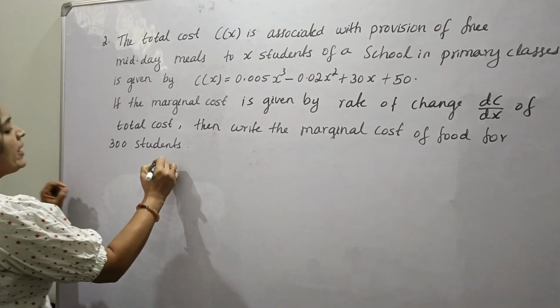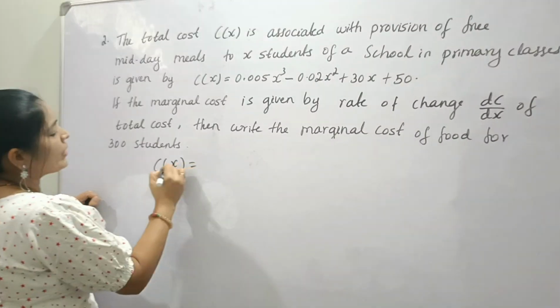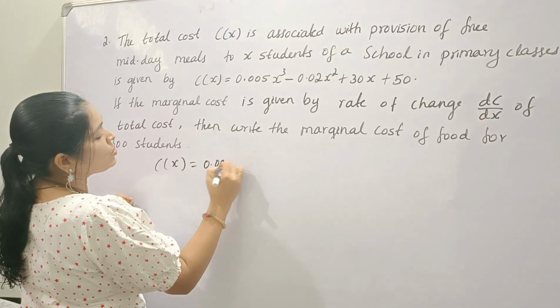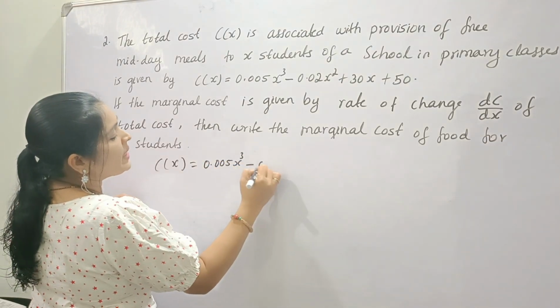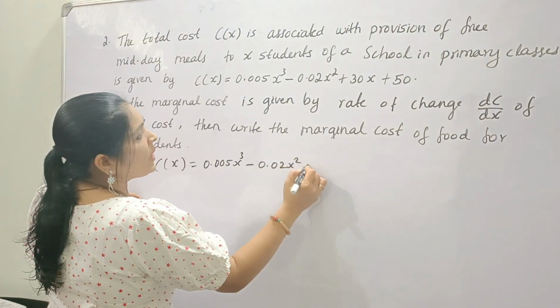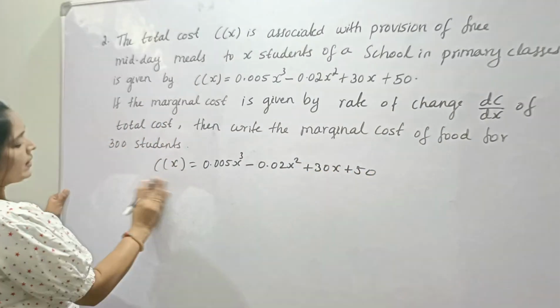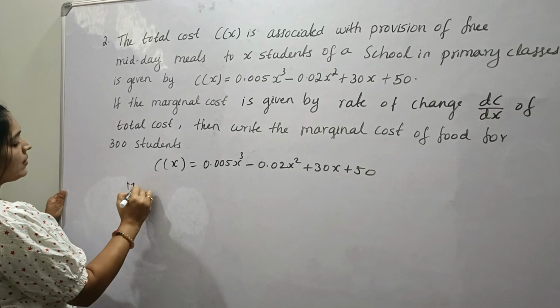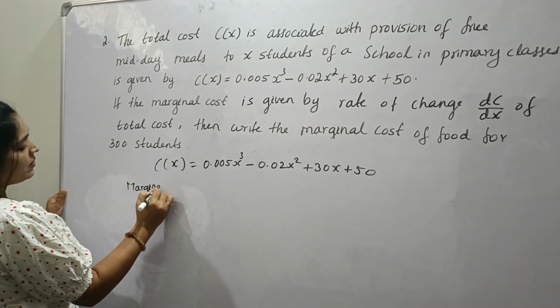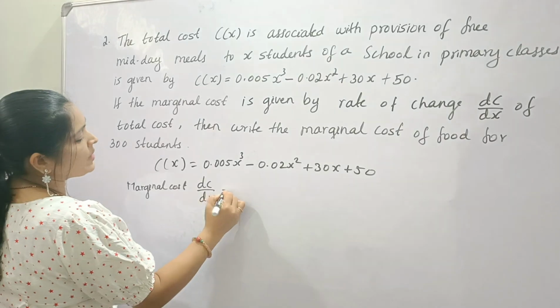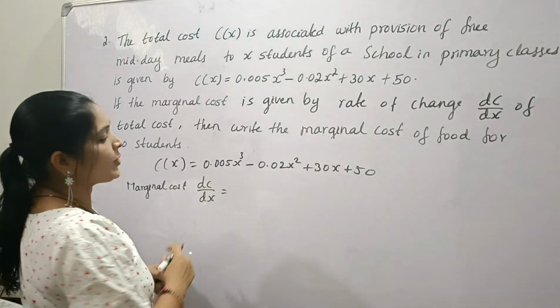First of all let's write total cost for x students. C(x) = 0.005x³ - 0.02x² + 30x + 50. Then marginal cost dC/dx, differentiate it with respect to x.